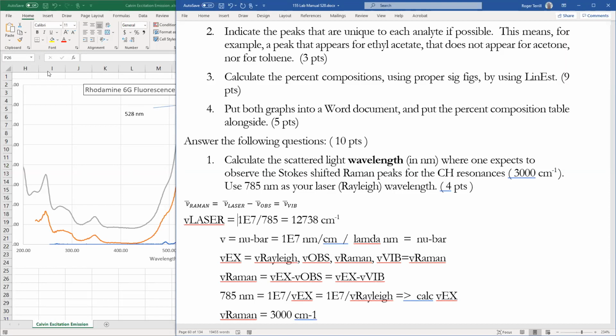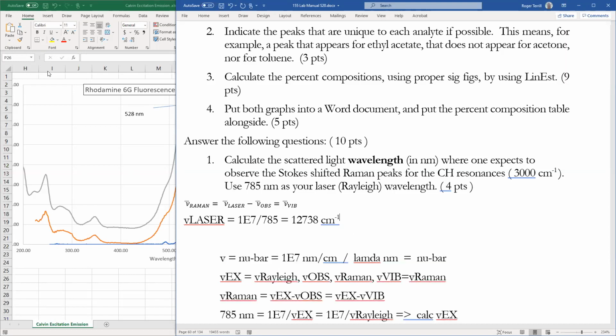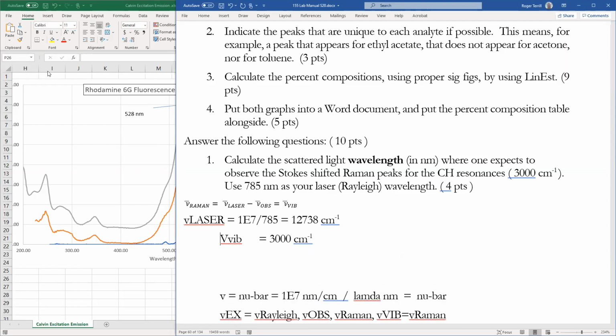Now, V vibrational will equal 3,000 wave numbers, right? And I think I'm asking where it will be observed.